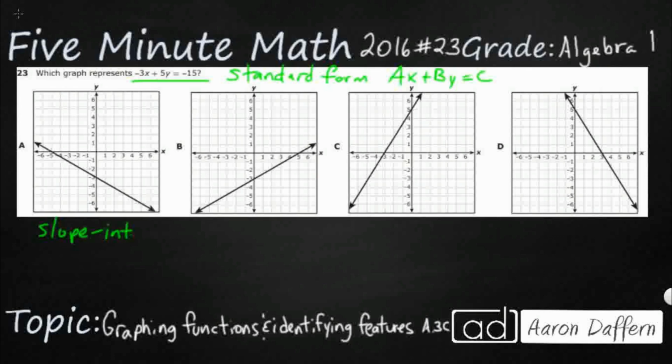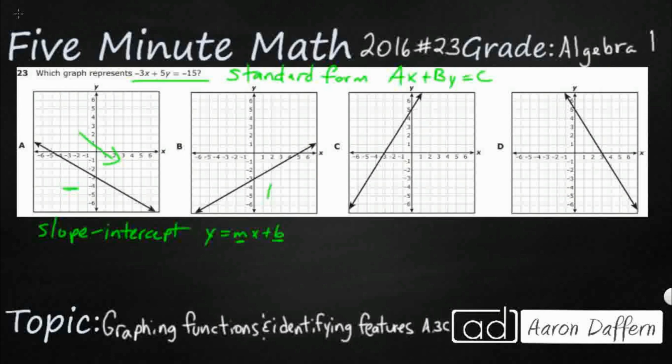Because if I can get it into slope-intercept form, I can easily find the y-intercept, that's the b, and then I can find the slope. And I can evaluate whether it's positive or negative. Take a look at my A, B, C, and D here. A has a negative slope because it goes down from left to right.